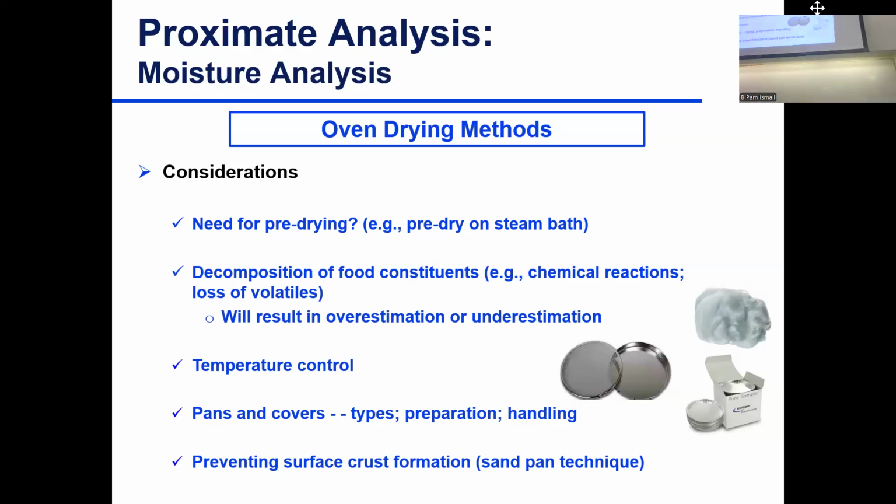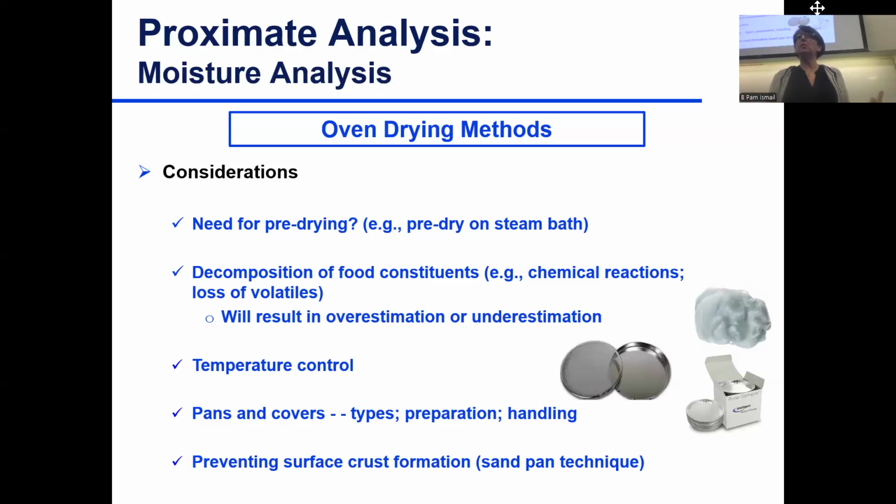When protein reacts with a reducing sugar, you lose a molecule of water. With every bond formed, a molecule of water is lost. That molecule of water that was chemically bound is now lost, so you overestimate moisture content. So that's a chemical reaction where you overestimate moisture content because bound water is lost, is evaporated.